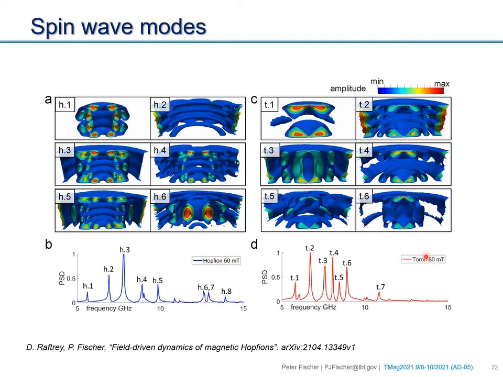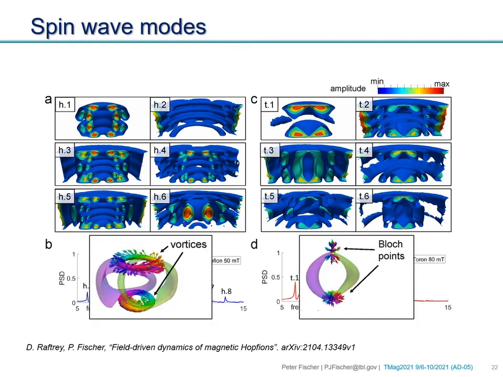You see these numbered resonances, H1 up to H8, that we plotted here, and you can really see how they form different amplitudes at certain locations in the structure. And this is of course very different for the Toron and the Hopfion. But again, the key will be to understand how these vortices and the Bloch points behave. And these are studies that are coming up as soon as COVID will allow us to do this.